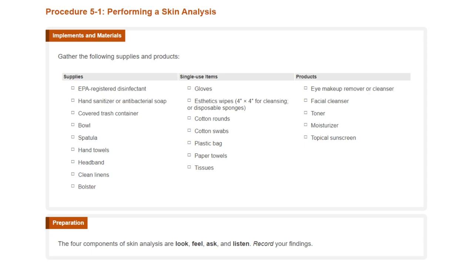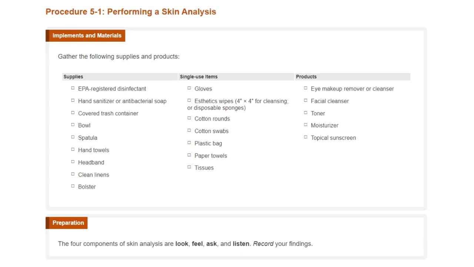Implements and materials. Gather the following supplies and products. Supplies. EPA-registered disinfectant. Hand sanitizer or antibacterial soap. Covered trash container. Bowl. Spatula. Hand towels. Headband. Clean linens. Bolster. Single-use items.